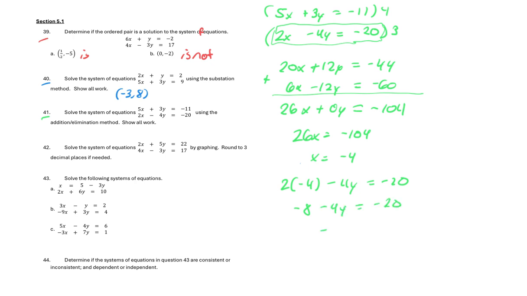Add 8 to both sides, so we get -4y is equal to -12. Sorry, so that should be -12. Then we'll divide by -4 on both sides and get a +3. The ordered pair should then be (-4, 3).